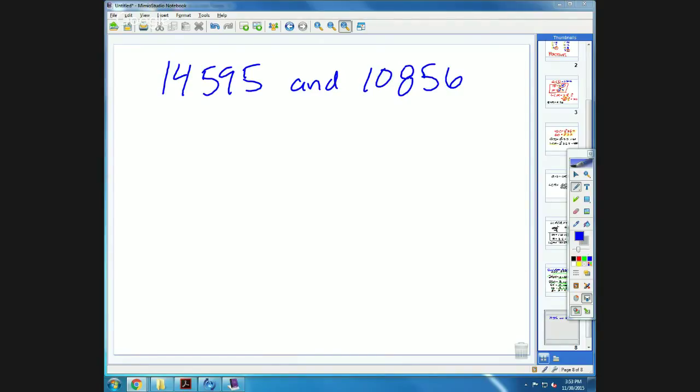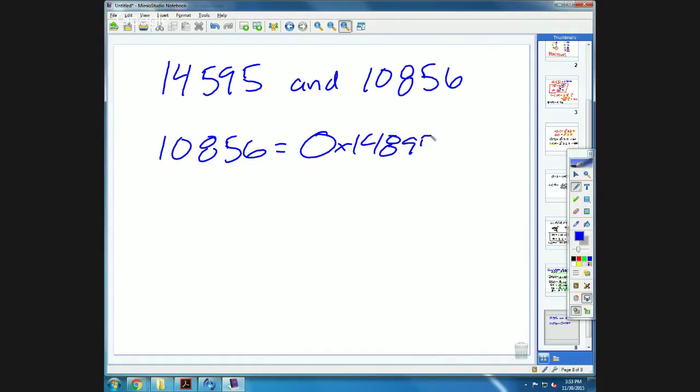So for example, usually we take the smallest number into the biggest number, but if I tried to go the other way, taking 14,595 into 10,856, what I'd find is that 10,856 is equal to no 14,595s plus a remainder of 10,856, which forces me to do it the other way. So the algorithm automatically flips itself around if you pick the wrong order to start with.